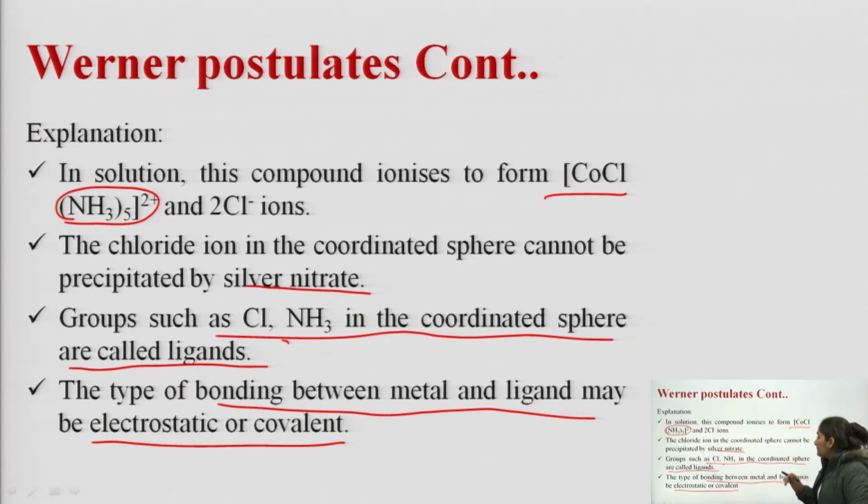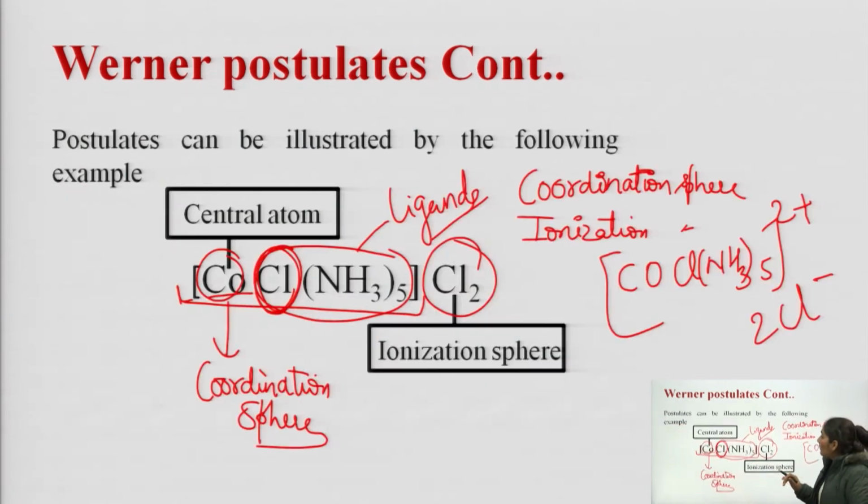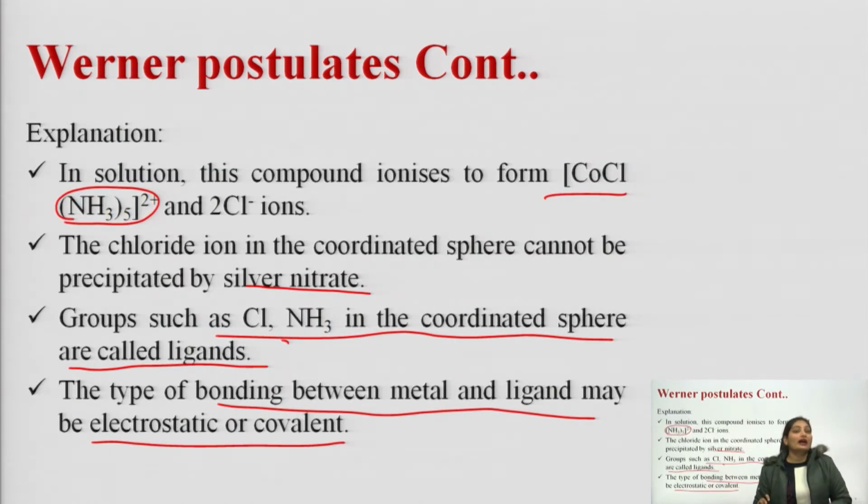In this case, to the central atom cobalt there is attachment of 5 amine groups and 1 chloride. So, there are 6 points of attachment, so the coordination number of cobalt is 6 in this case.